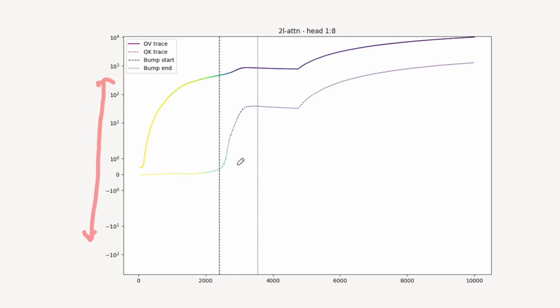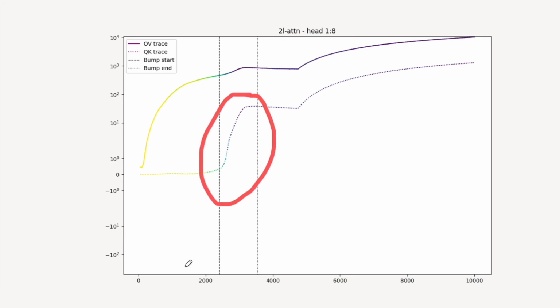So one thing to notice is that this head developed a copying-like output pattern fairly early. What it really specialized into was that second-order QK behavior. Over the course of the bump, it became much stronger at doing that previous token specificity, which is responsible for that repeated sequence of token type behavior.